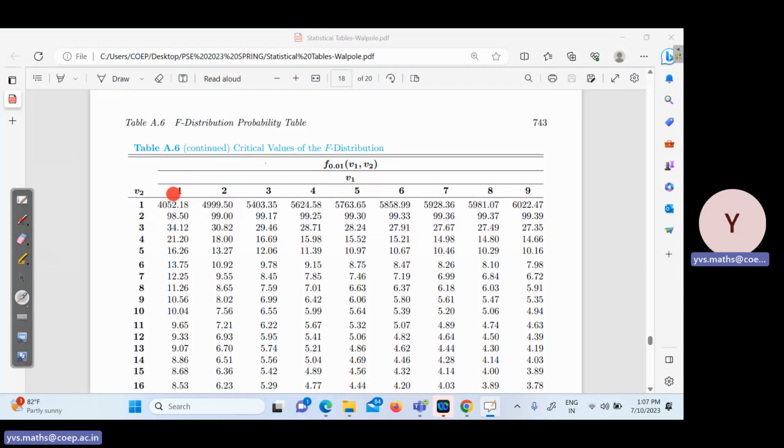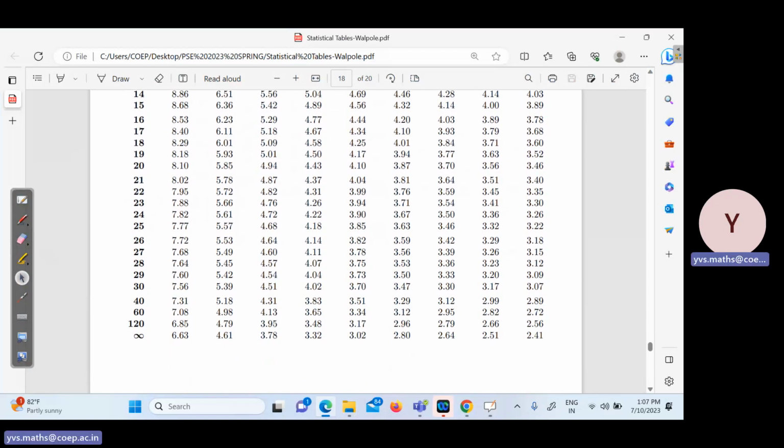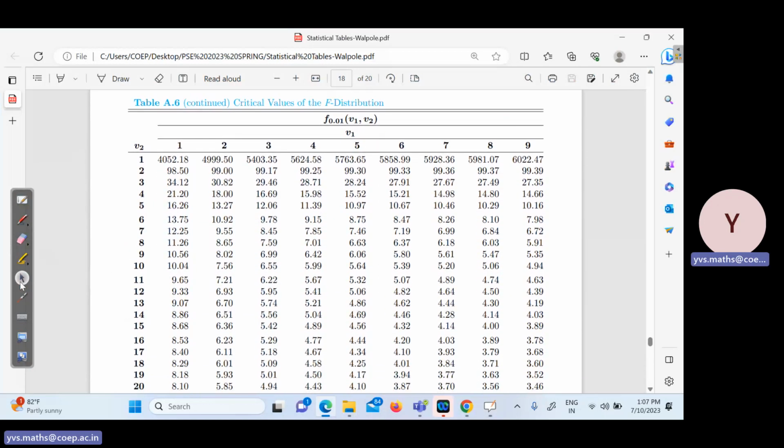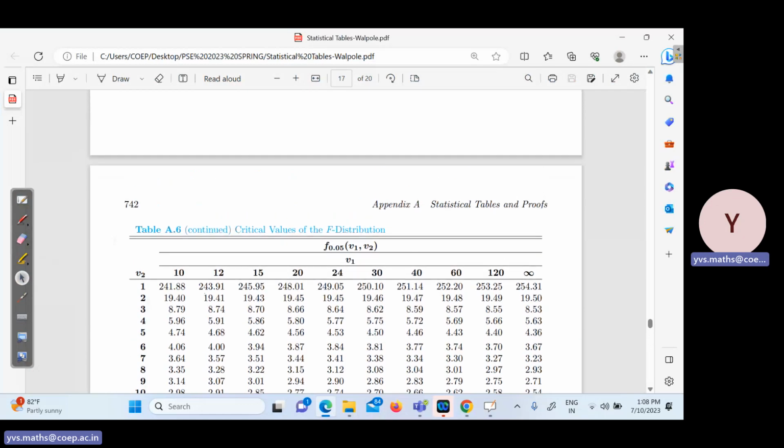So nu1 is 1, 2, 3, 4, 5, 6, 7 till 9, which is the first horizontal row, and nu2 is 1, 2 up to infinity, which is the first vertical column, which represents the second degree of freedom. So these are the critical values of F distribution for 0.01 as the suffix of F is written over here. Let me just go ahead. Let me scroll up.